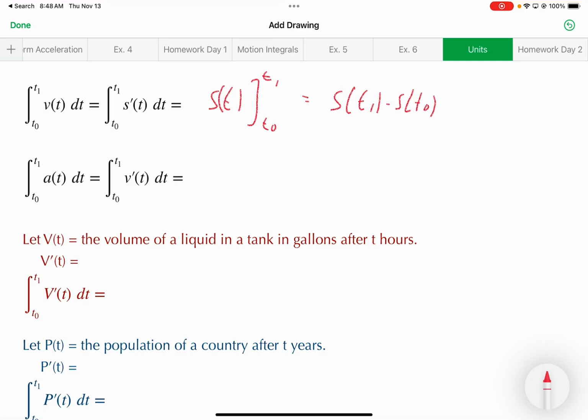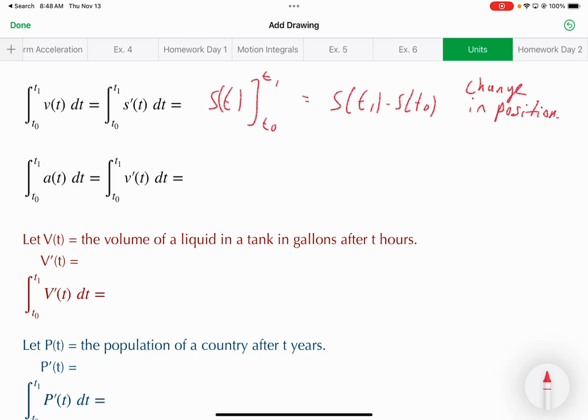I wrote this on the first slide. Integrating my velocity will tell me my change in position.